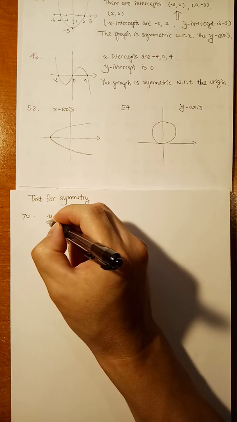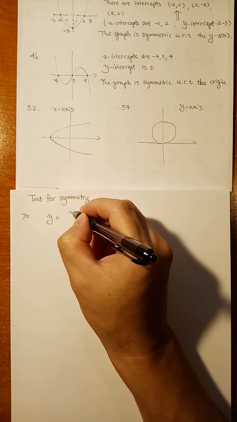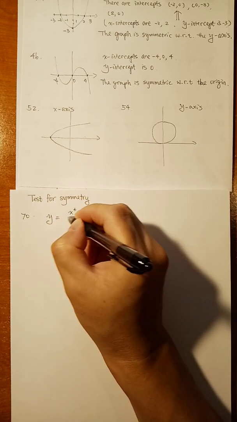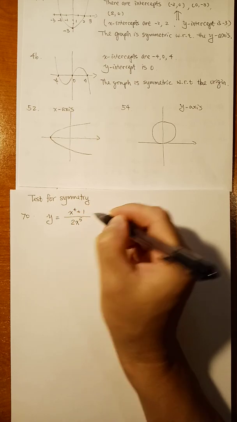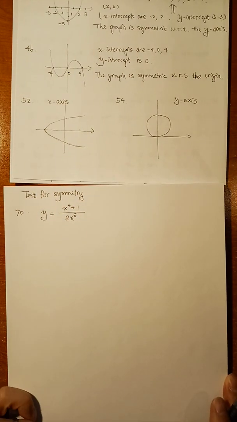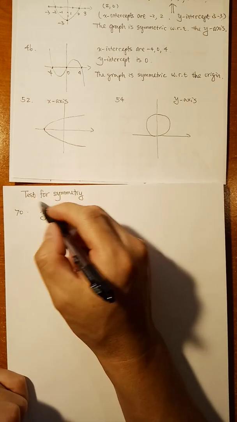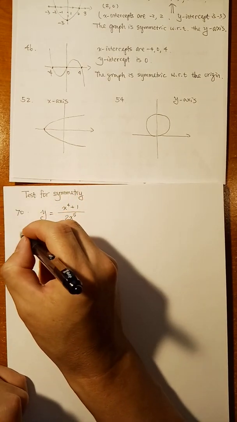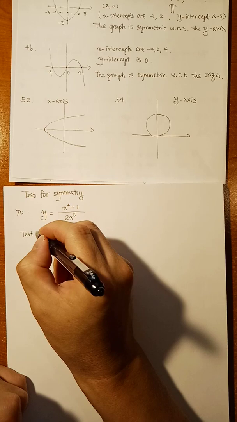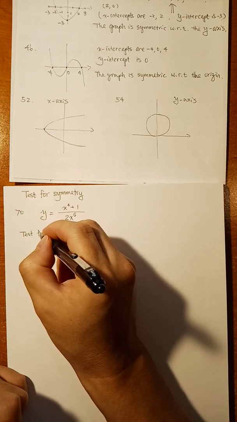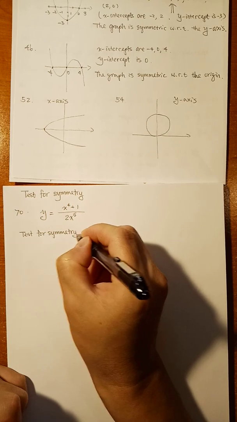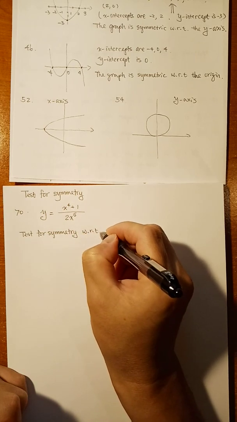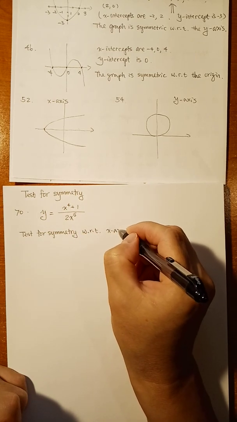Problem 70 is y equal to x to the 4th plus 1 over 2 times x to the 5th power. Okay, remember, test for symmetry with respect to the x-axis.